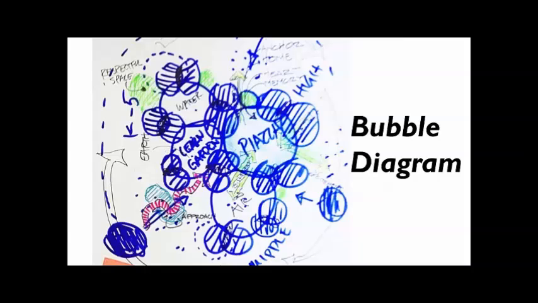Maybe it's the spaces that you get from the program, but you put each one of those spaces in a bubble. And like literally it is just like a circle. Sometimes you color them differently. Sometimes you make them bigger or smaller sizes depending on how major or minor the space happens to be.